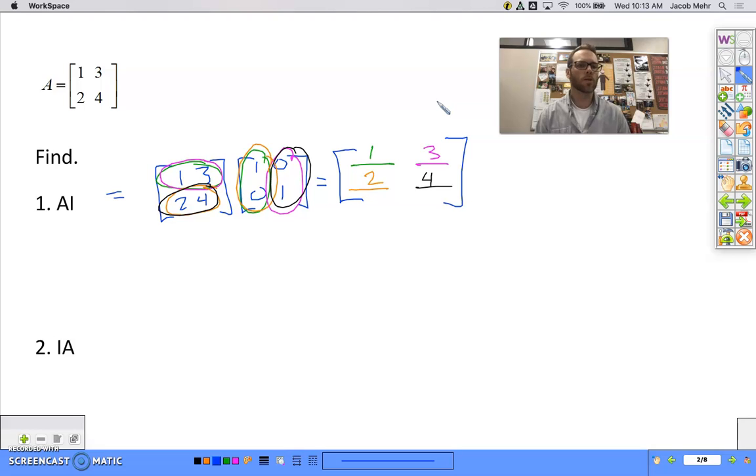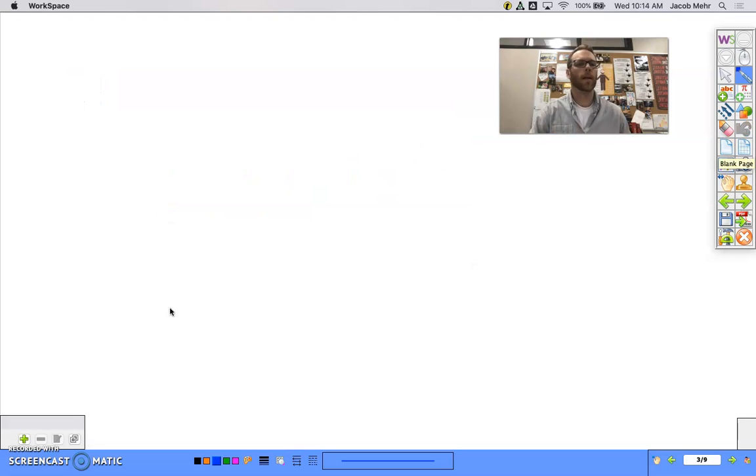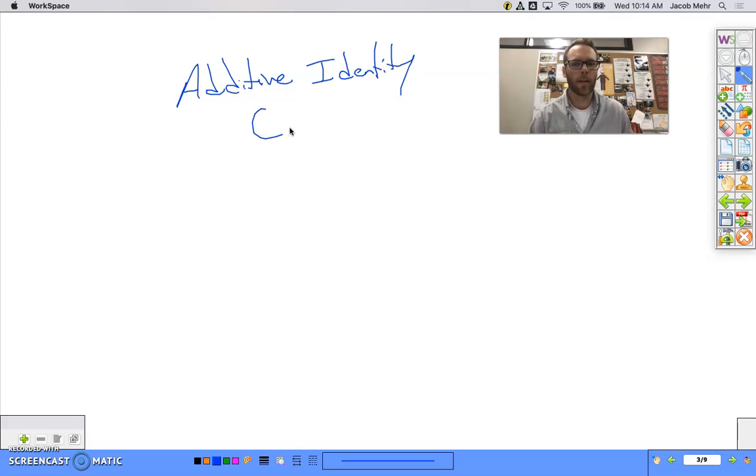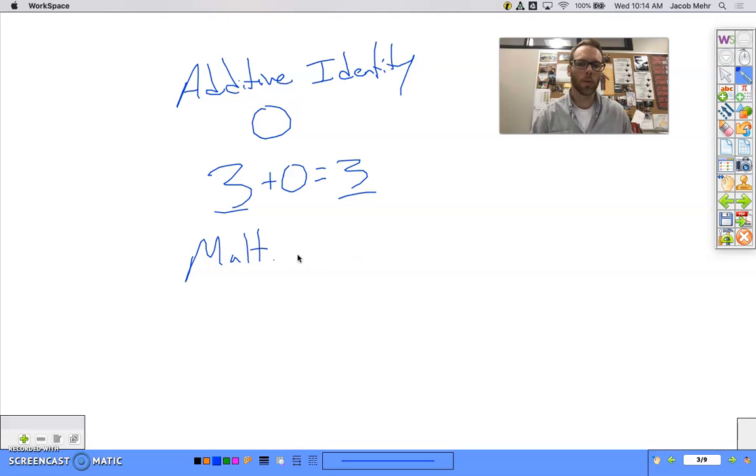If we think about just some simpler mathematics like addition, what is the additive identity? The additive identity is 0 because if I take any number such as 3 plus 0, I get 3. I get back what we started with. What is the multiplicative identity?